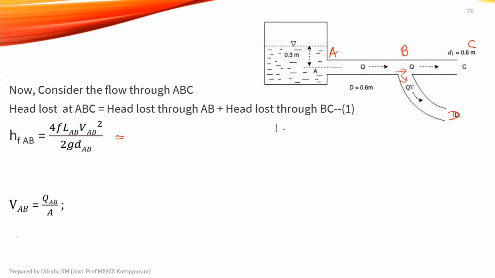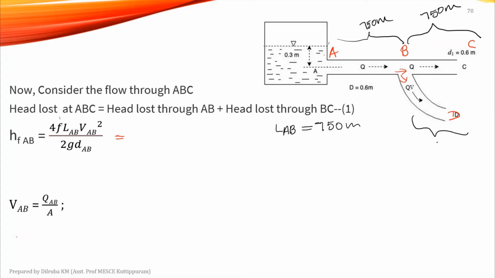L of AB is given as 750 because we are introducing a new pipe at the half portion, so the length of this portion is half of the initial length, which is 750 meter, and the other pipe will also have the same length, 750 meter. So length of AB is 750, the diameter of AB is the same as the initial diameter, that is 0.6 meter, and g is 9.81, and the velocity at AB we don't know.